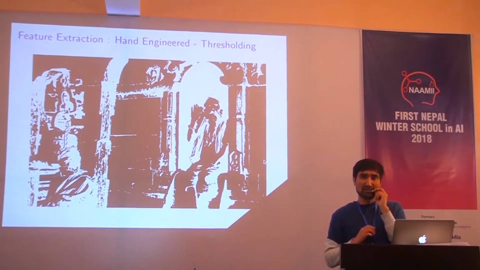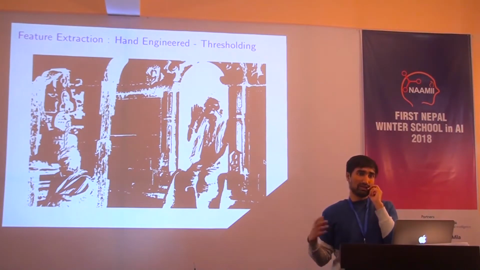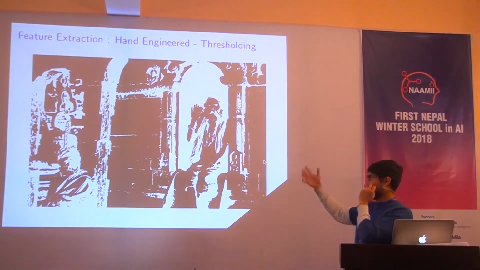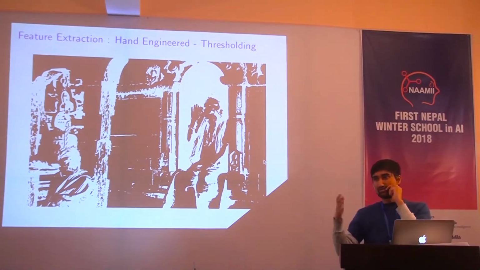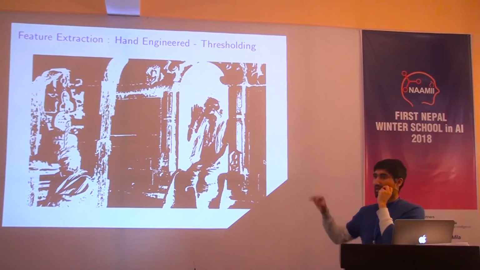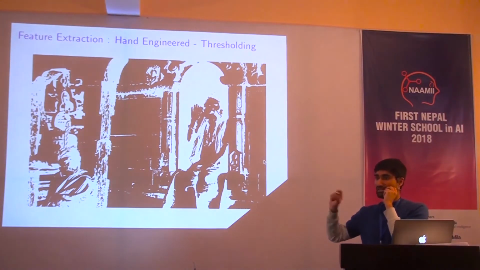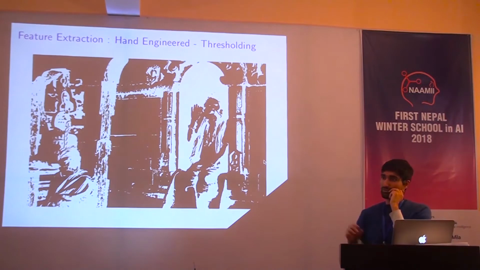If it's less than 50, I make it 0. If the values were 0 to 255, now you have reduced the range of the intensity value to binary.